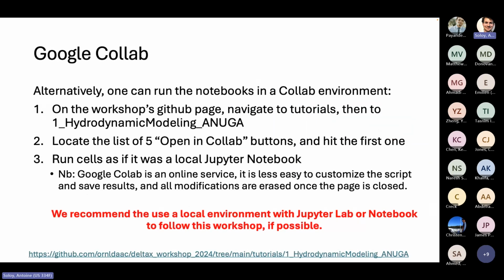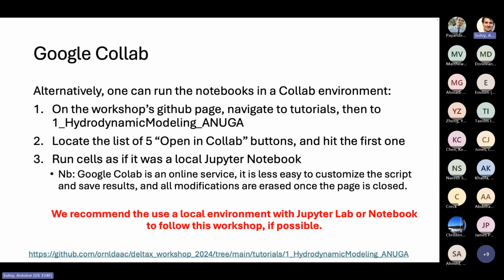And if you're not able to install all of this and open the notebook, an alternative way is to use Google Colab. Google Colab is an online platform that allows you to run such notebooks without having to install anything. All the notebooks that are presented today are available for Google Colab.